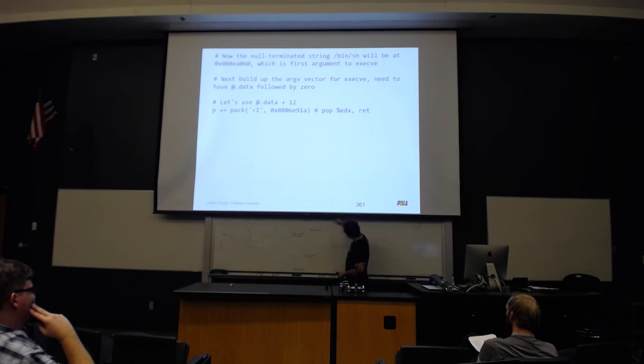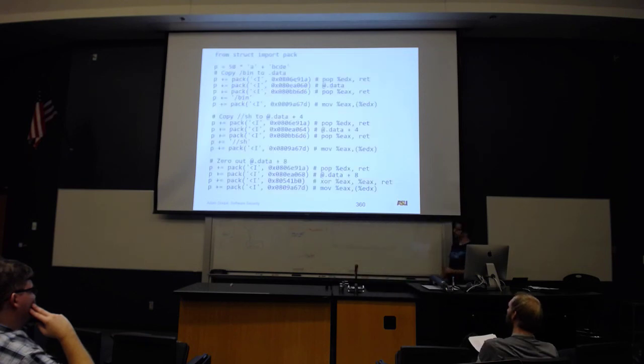So let's say here's .data. After this, what will this look like? It'll be written to the right with our shell code, essentially, the instructions that we put in there.